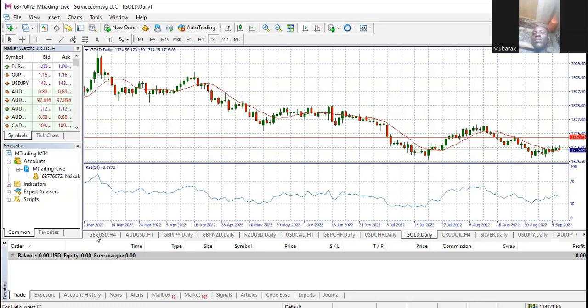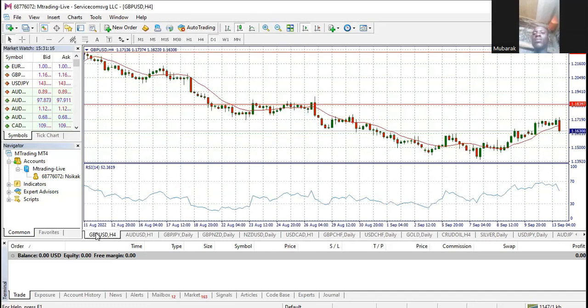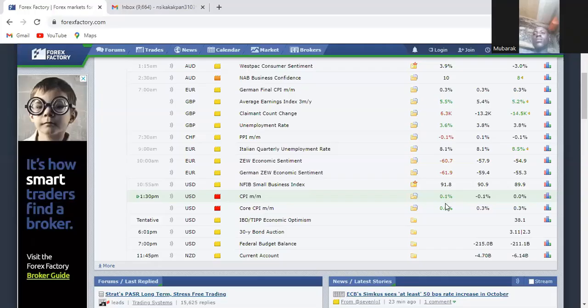Look at GBP. Let's see GBP USD. The same thing. Wow. Okay, there's much difference in core CPI. There's not much difference in CPI. Look at core CPI. Actually 0.6%, previous 0.3, forecast 0.3.